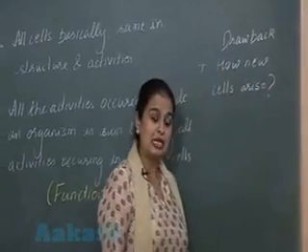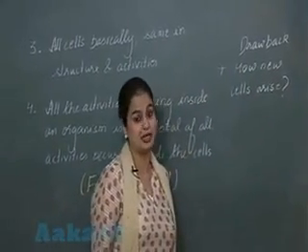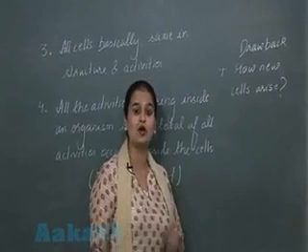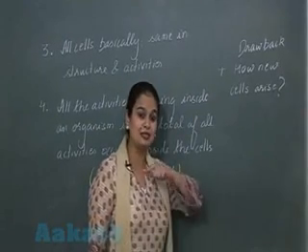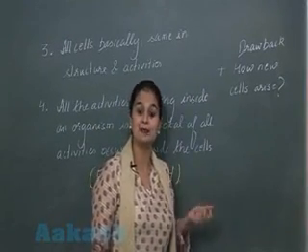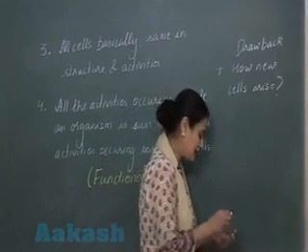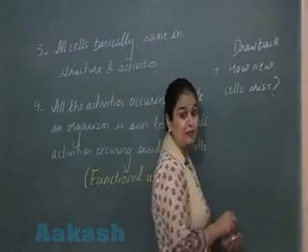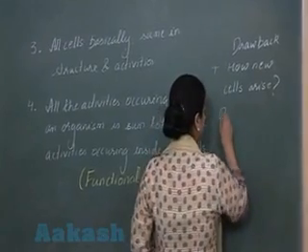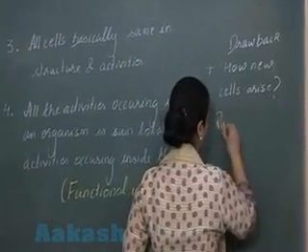Now, for the first time it was observed by Rudolf Virchow that the new cells they arise from the pre-existing cells. Yes, so here I will be writing the name of very important scientist. The name of the scientist is Rudolf Virchow.